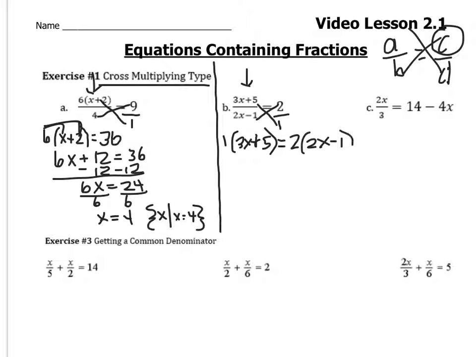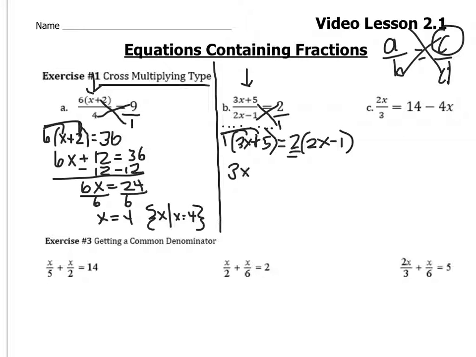Now, typically when you multiply 1 times (3x + 5), you would just write 3x + 5 because distributing a 1 through the parentheses doesn't change anything. The reason I wrote it this way for you today is because I just want you to see the difference between when you're multiplying by 1 and when you're multiplying by a number greater than 1, like 2. It really does have to get distributed through the parentheses.